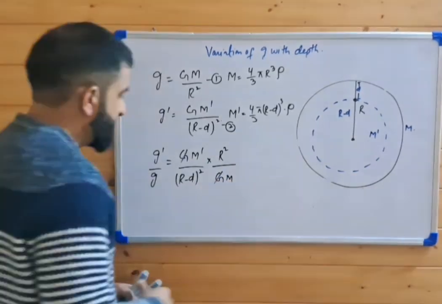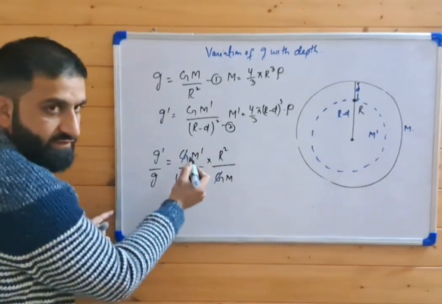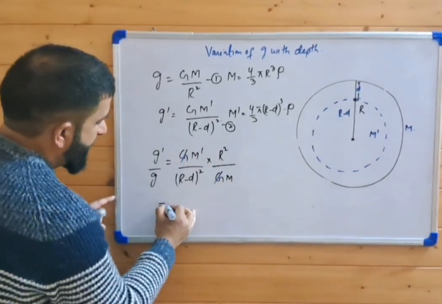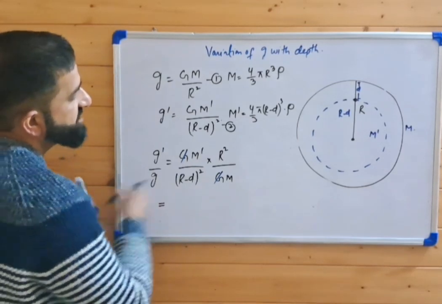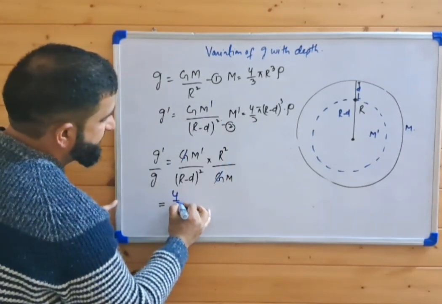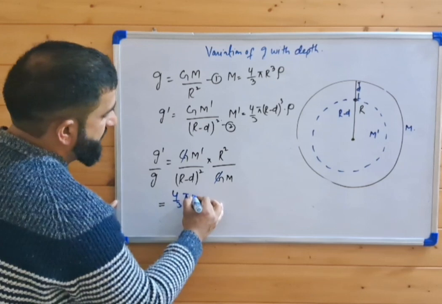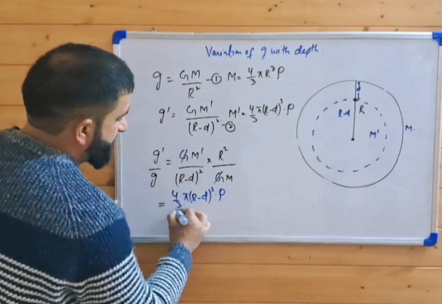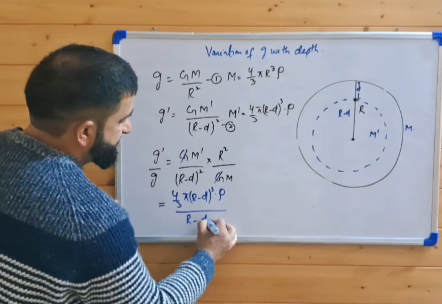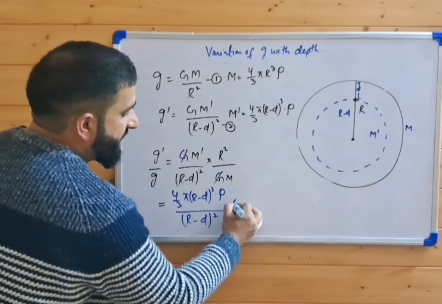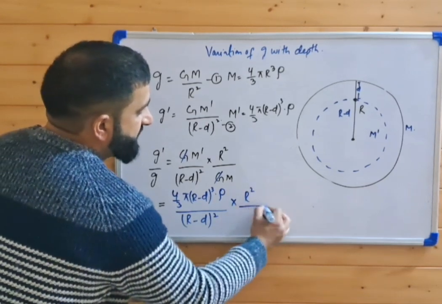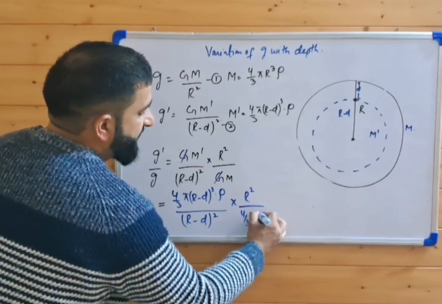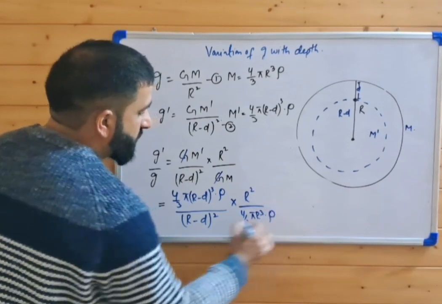Now substituting the values of M dash and M here, we have M dash equal to 4 by 3 pi R minus d whole cube into rho divided by R minus d whole square into R square divided by 4 by 3 pi R cube into rho.